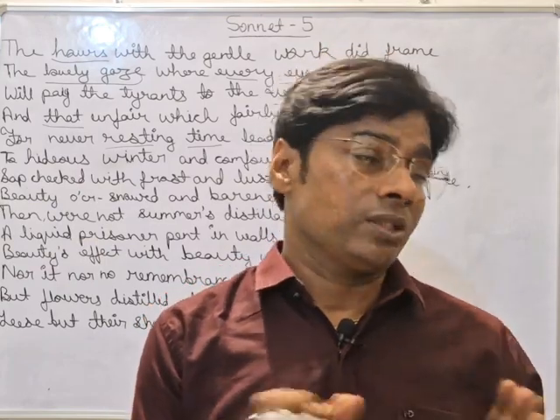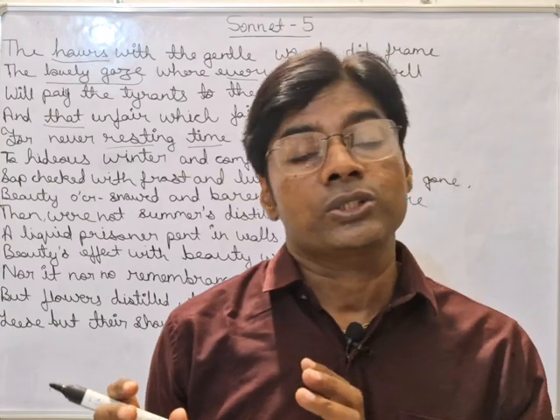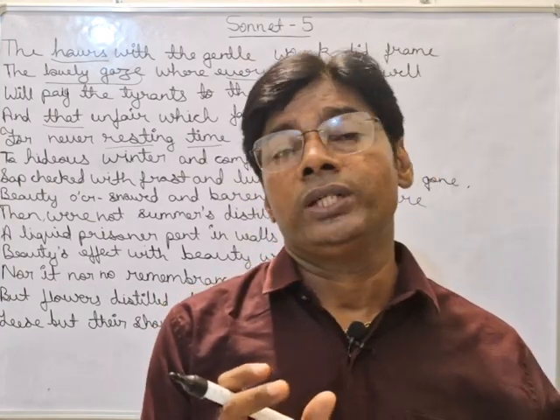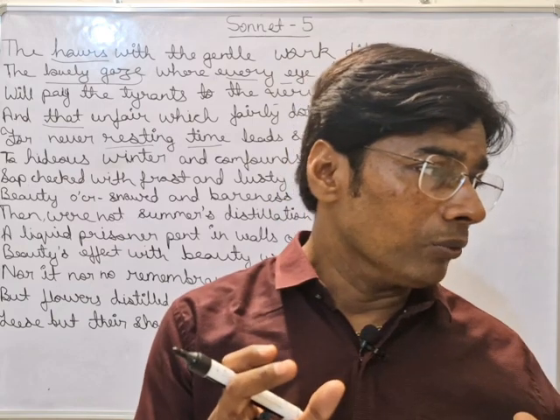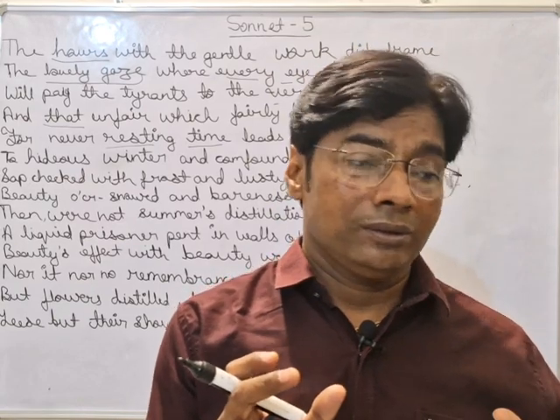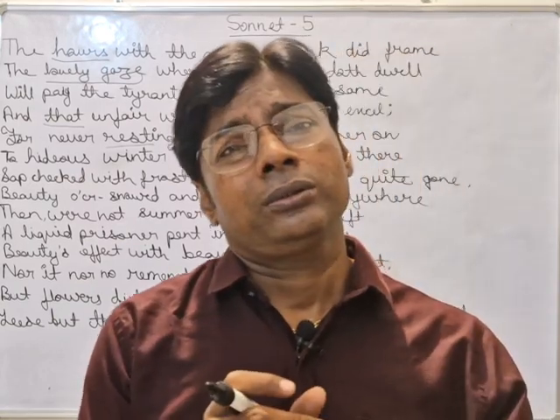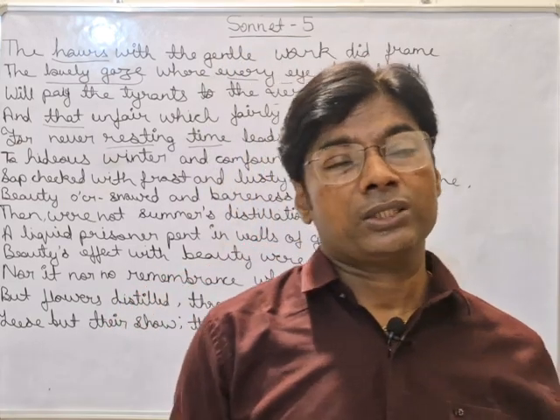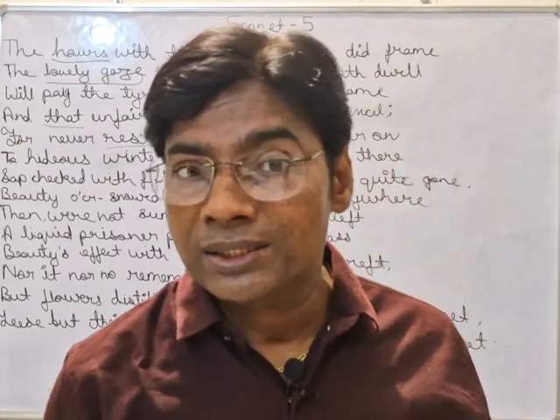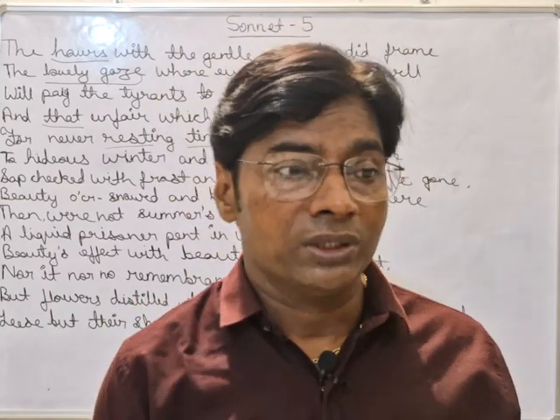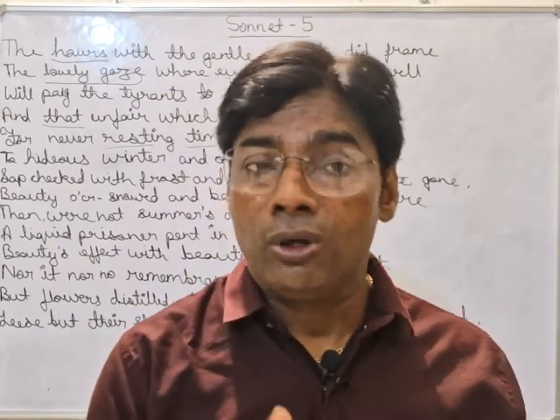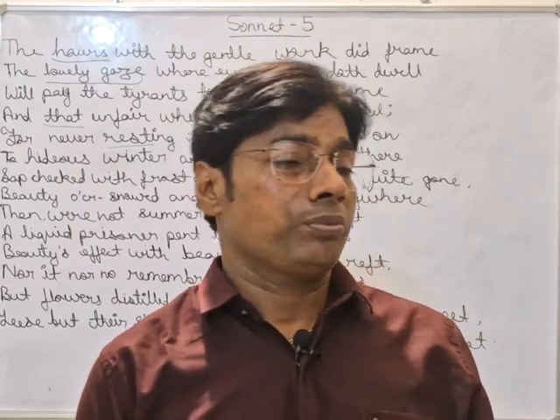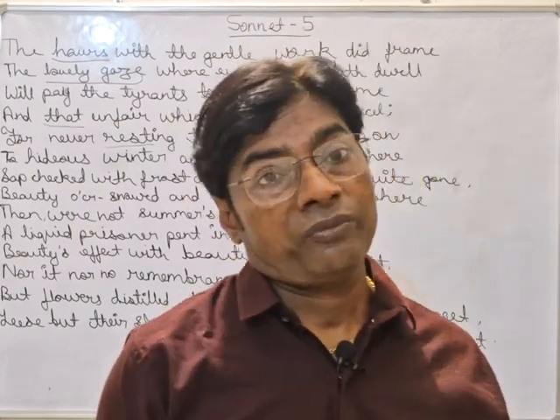Because the speaker, or the lyrical voice of the poem, has only spoken about all bad things, like the ugliness, this loss of strength, loss of beauty, loss of even life, that is full of pessimism.